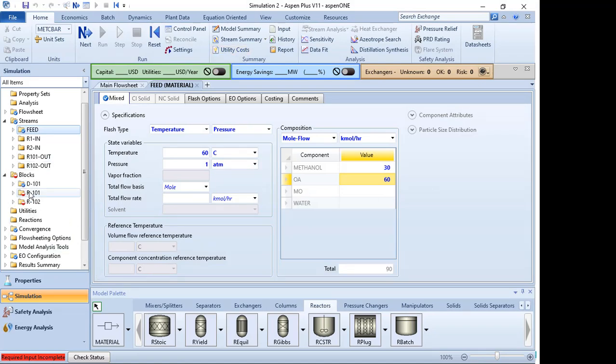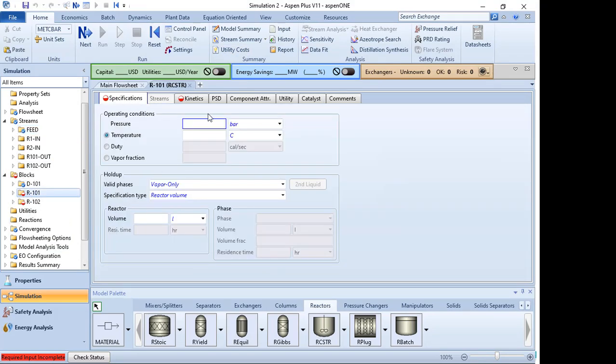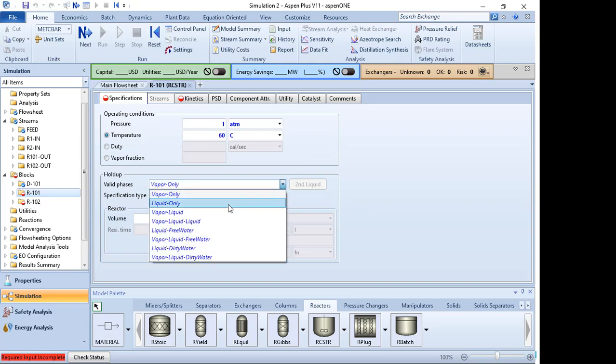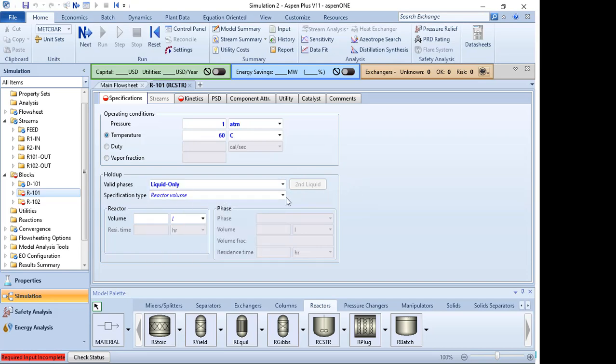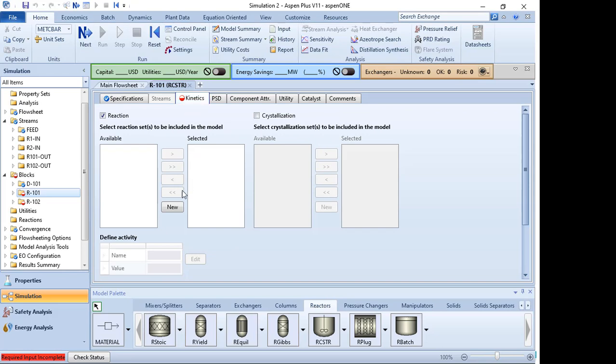So we go to the block with the CSTR. The pressure is 1 atm. The temperature is 60 degrees C. And the valid phase, you have to change into liquid only, with the reactor volume of 7,850 liter. Here, for the kinetics, we don't have anything.